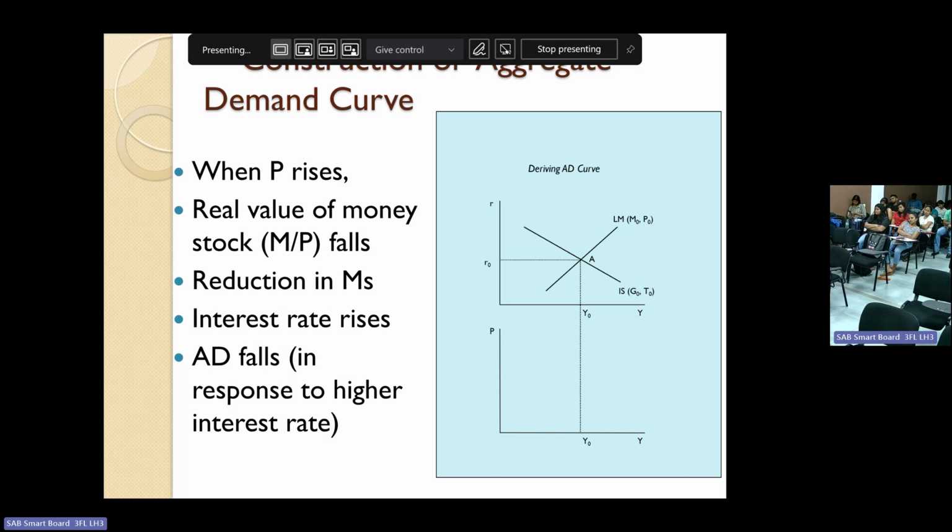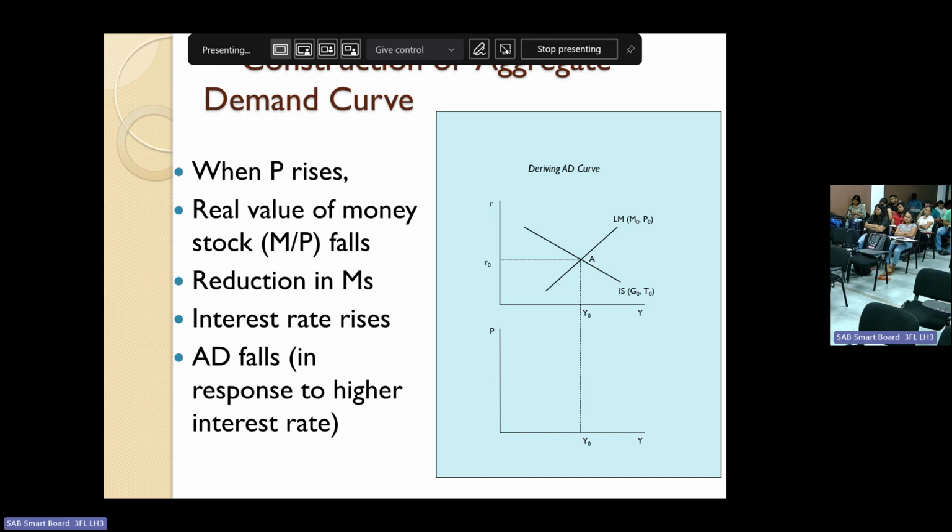Now we assume the price increases. What happens? The real money balance decreases. When the price increases, the real money balance decreases, so the money stock decreases in real terms.